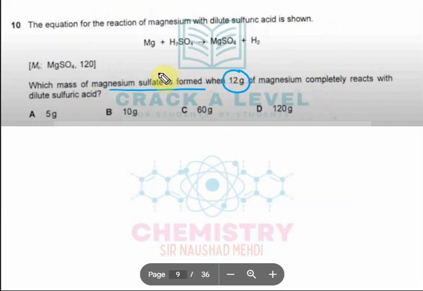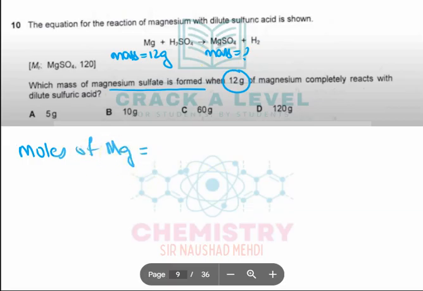So over here, the mass of magnesium is given, which is 12 grams, and we need to find the mass of magnesium sulfate that is formed. First of all, you will find the moles of magnesium. Moles is mass upon Ar, so mass is 12, the Ar of magnesium from the periodic table is 24, so you'll get 0.5 moles.